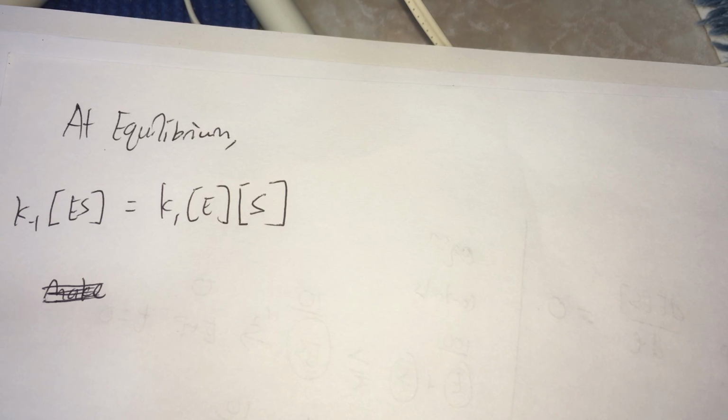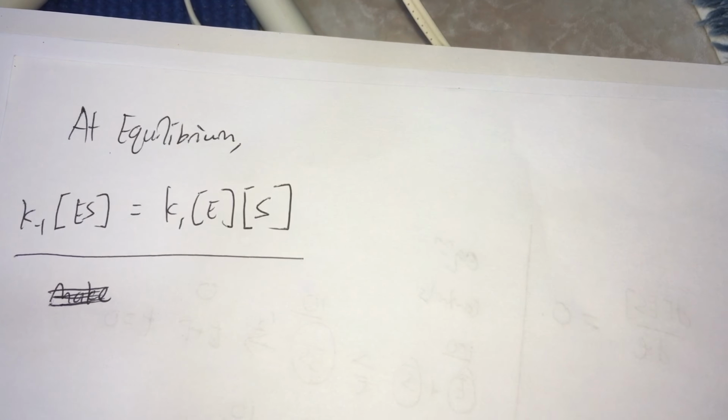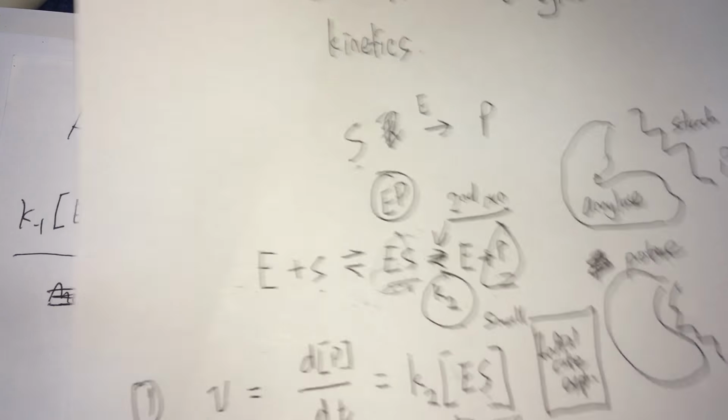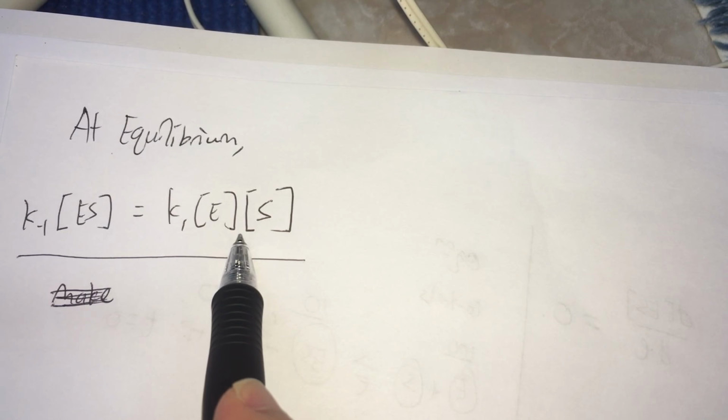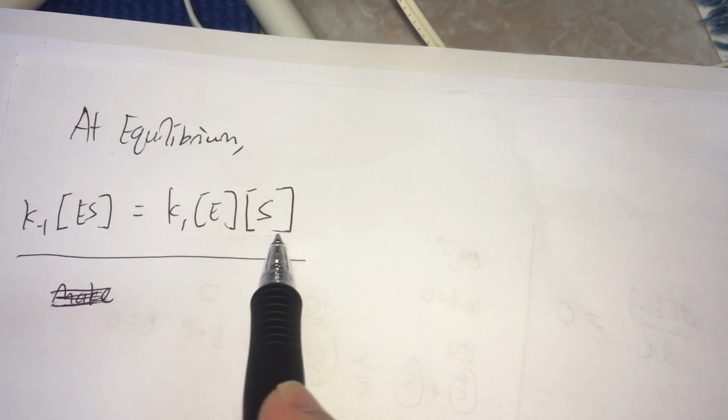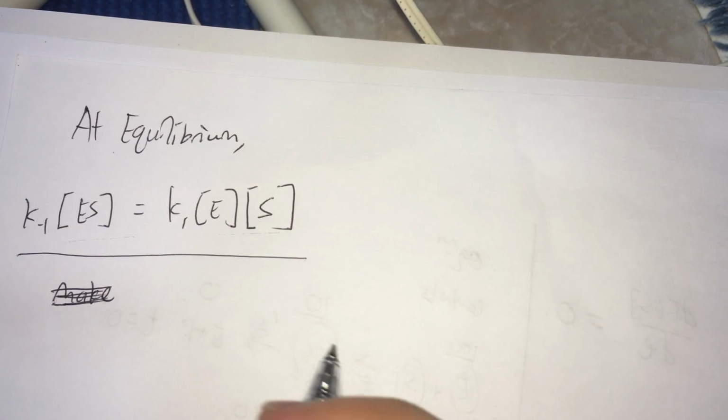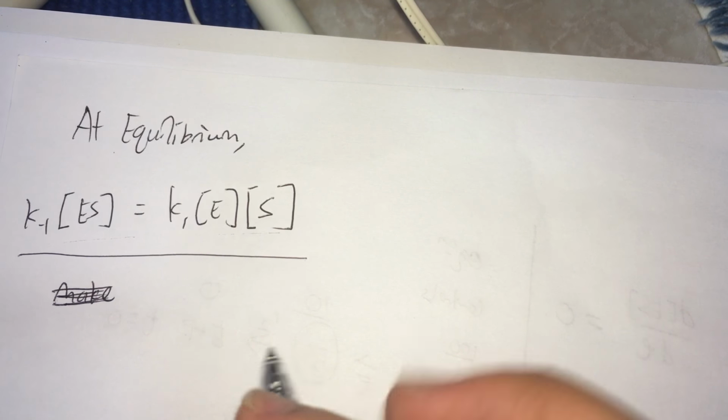That means the second reaction is pretty much a slow step or rate controlling step. So under equilibrium, this equation holds true because the forward and backward rates are equal. Or rather, this is the forward, this is the backward. So the backward equals the forward rate.